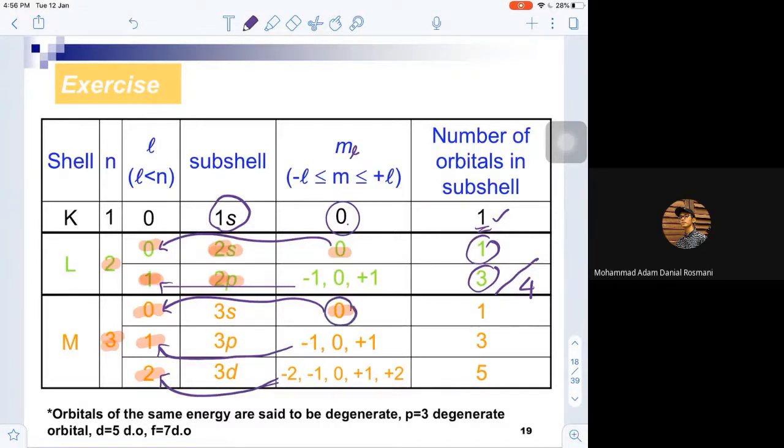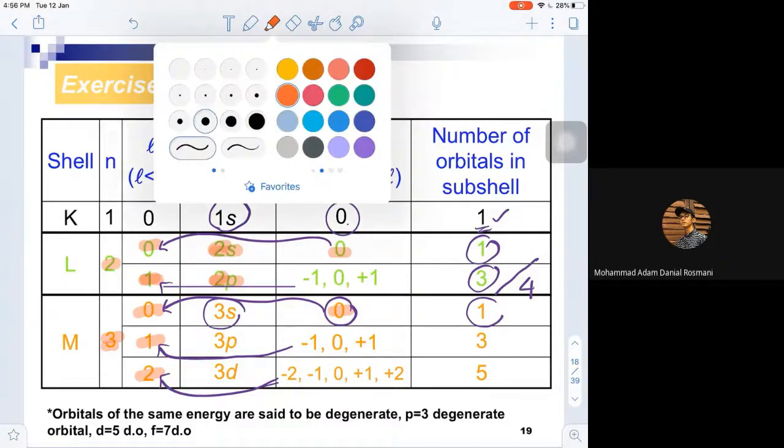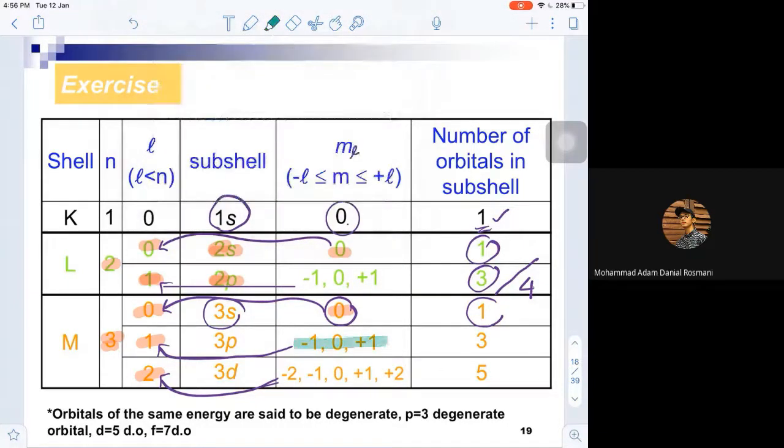Since we have one value here, we have one orbital for 3s. Since we have 3 ml values, we will have 3 orbitals of 3p. Since we have 5 ml values, we will have 5 orientations or 5 orbitals of 3d. That is the relationship between n, the principal quantum number, L, and ml.